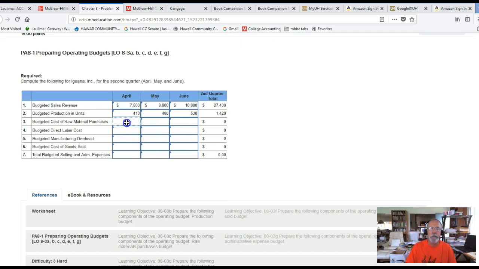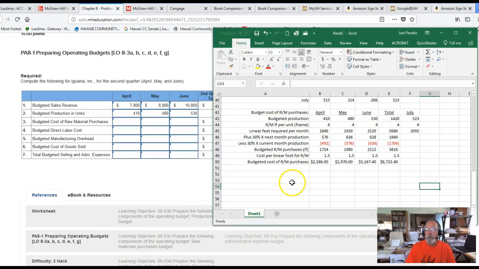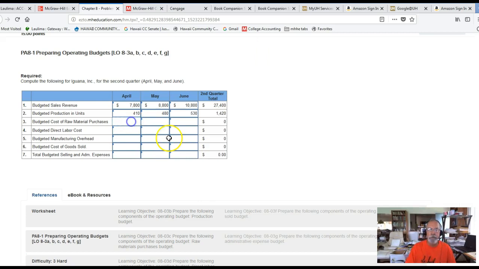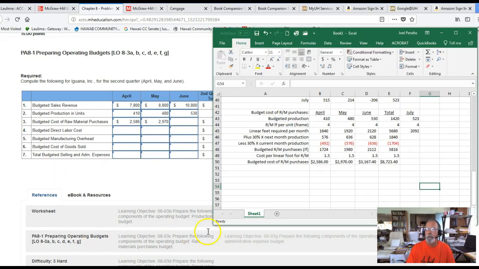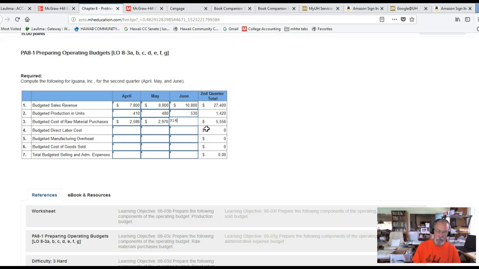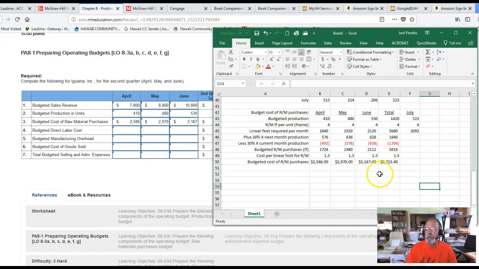Yeah, did want currency. So these should be our amounts. Let's see if these are going to work for us. 25862970 and 3167.4. So I'll round that to 3167. Total is 8723.